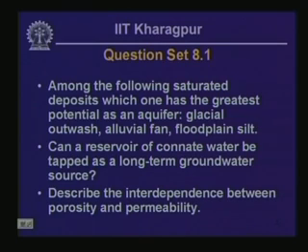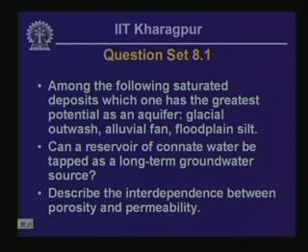The first question that I gave you last time around was, among the following saturated deposits, which one has the greatest potential as an aquifer? The three deposits are glacial outwash, alluvial fan, and floodplain silt.